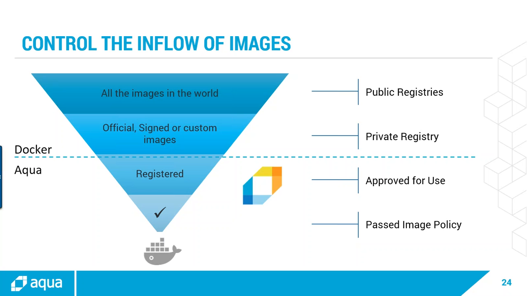And finally, you want to have a policy on what kind of images, based on various security parameters, are allowed to run in your environment. I'll give an example. Let's say you have an image that was clean, but now a new vulnerability was discovered that applies to this image.